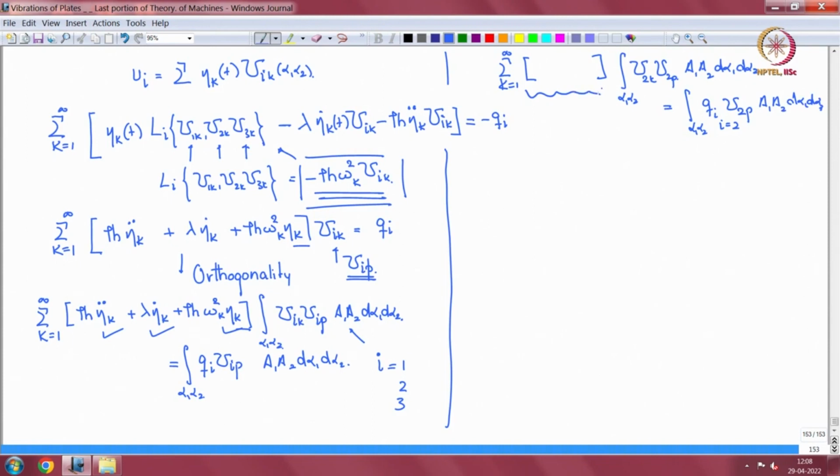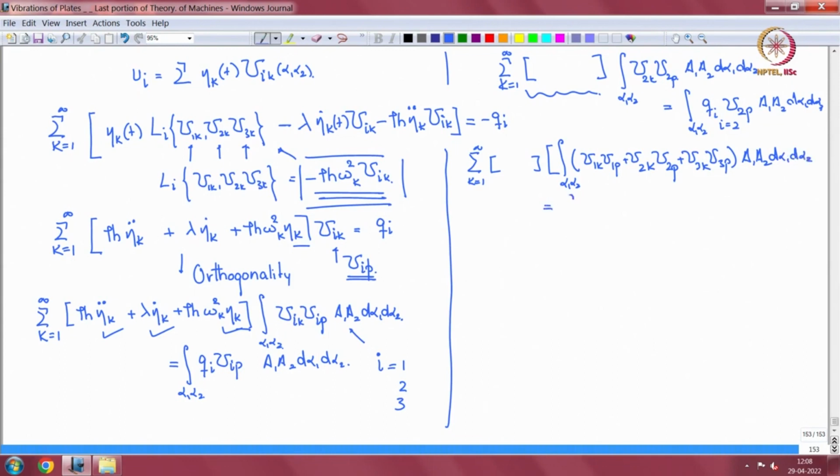So if we now add up, okay, if we now add up, what happens? We get k equal to 1 to infinity, this equation, then the summation of u1k u1p plus u2k u2p plus u3k u3p a1 a2 d alpha 1 d alpha 2.